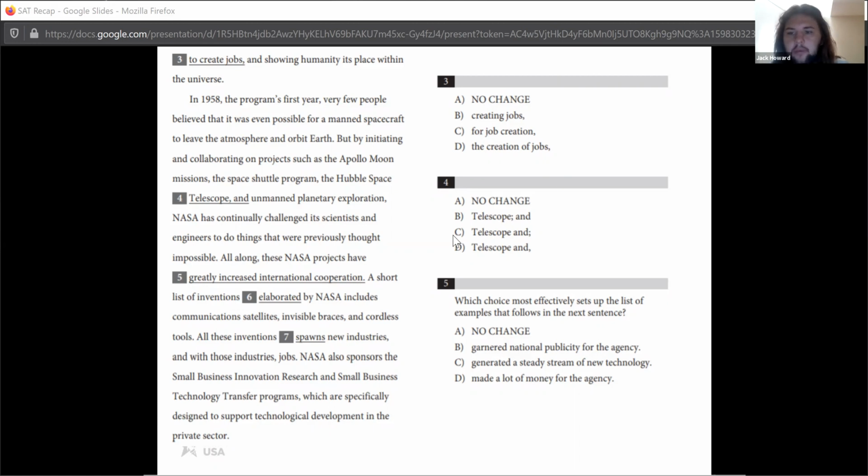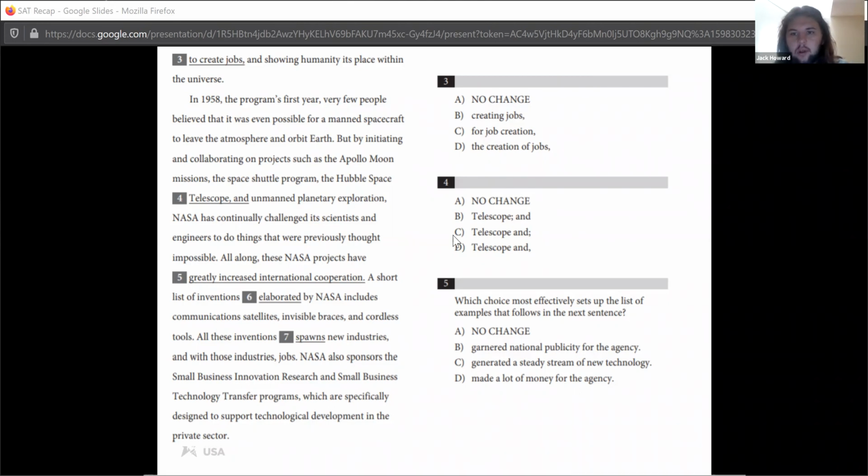This is another question about items in a list. If you have more than 2 items and you're using a comma to separate them, you want it to be item 1, comma, item 2, comma, and item 3. For the last one with the and, you want it to be comma, and then no punctuation between the and the item on the list.